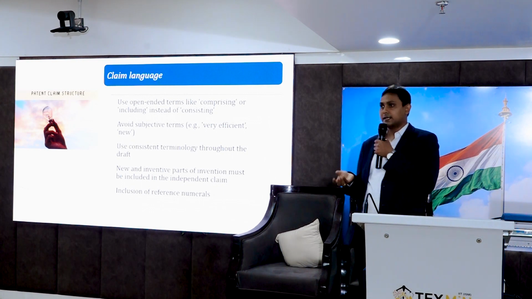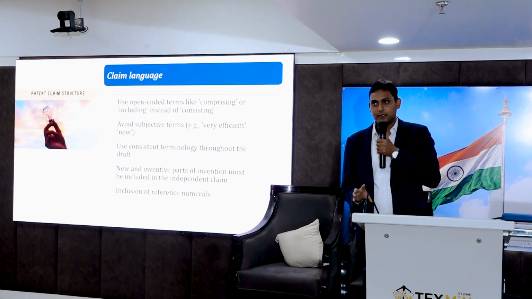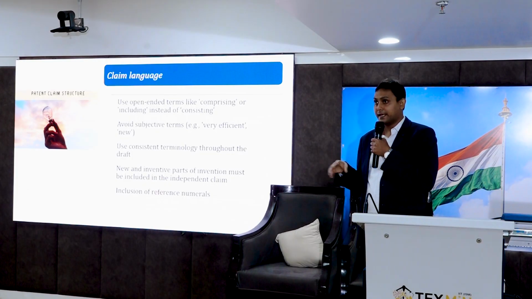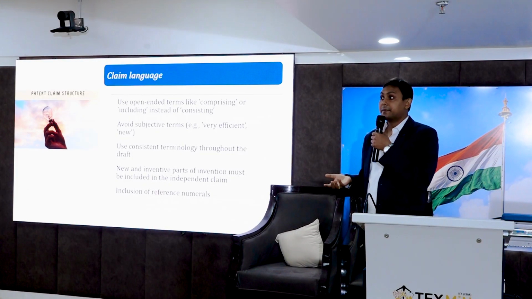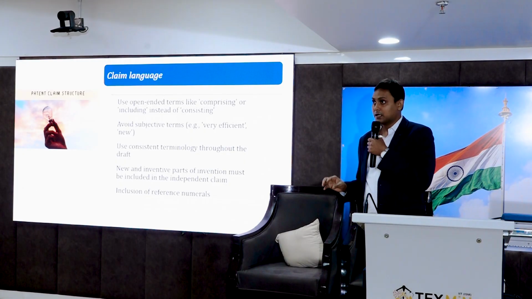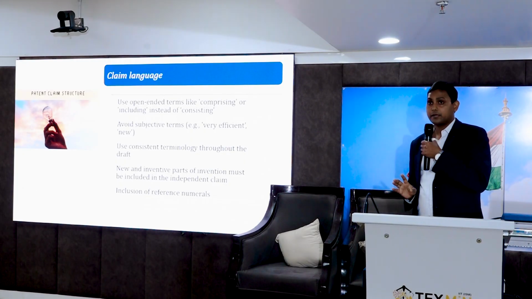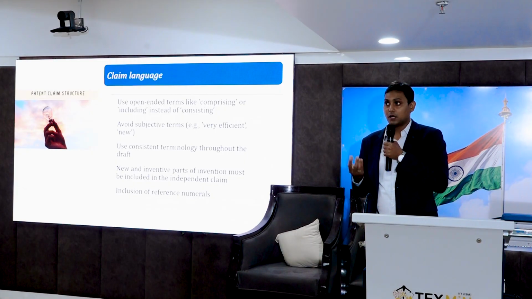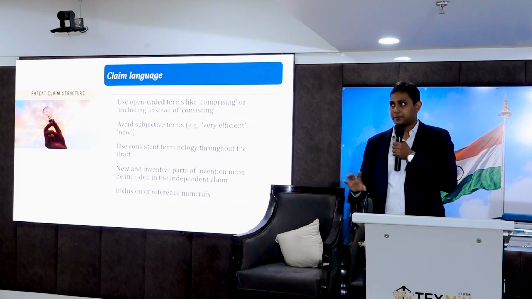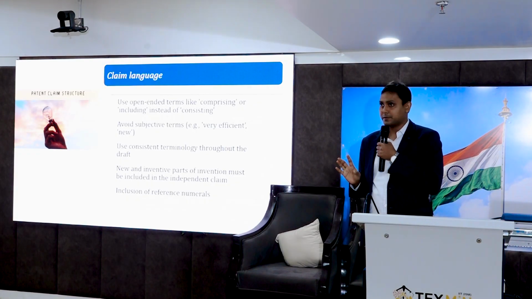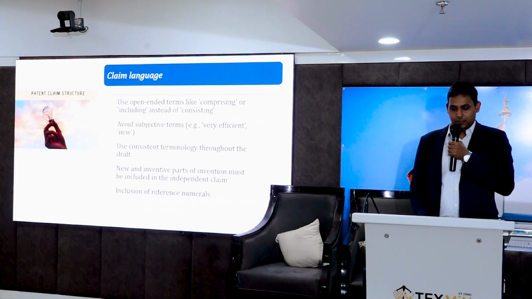You claim the subject matter, we read and we understand it is very efficient based on your experimental details. So you don't have to specifically write it into the claims. Always try to avoid these subjective terms: very efficient, new, novel, inventive. These types of terminology are not suggested within the claim subject matter.